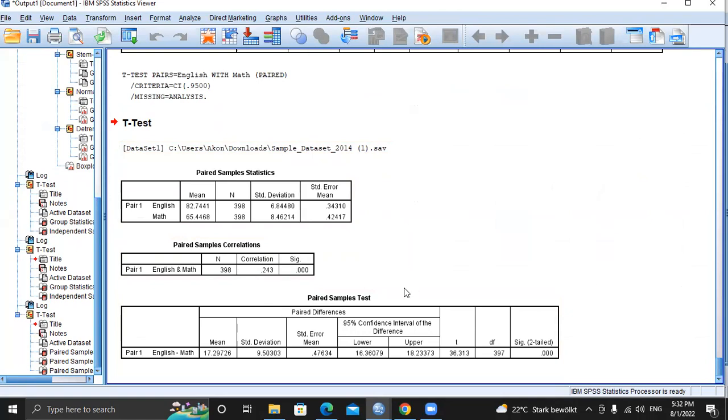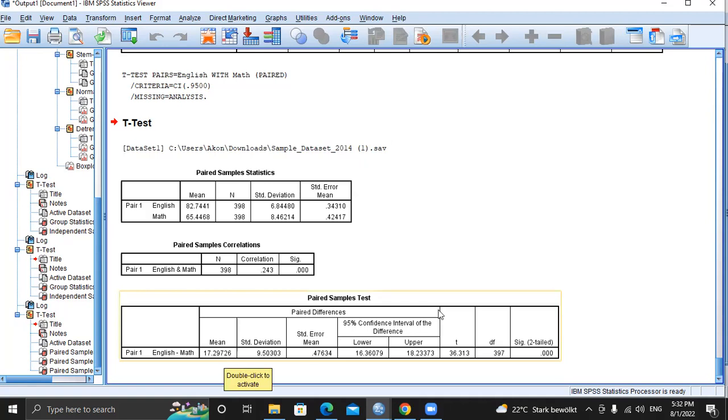We see that for maths and English, they have higher performance in English compared to maths. So is that difference significant? The correlation is 0.2. We'll get the correlation. And the mean difference here, we are very much interested in the mean difference. The mean difference should be down.